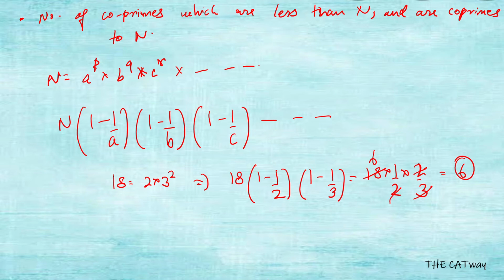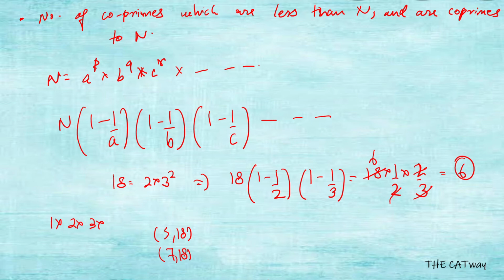So let's see what they are. 1 is co-prime, but 2 cannot be there, 3 cannot be there, 4 cannot be there, that's my mistake.